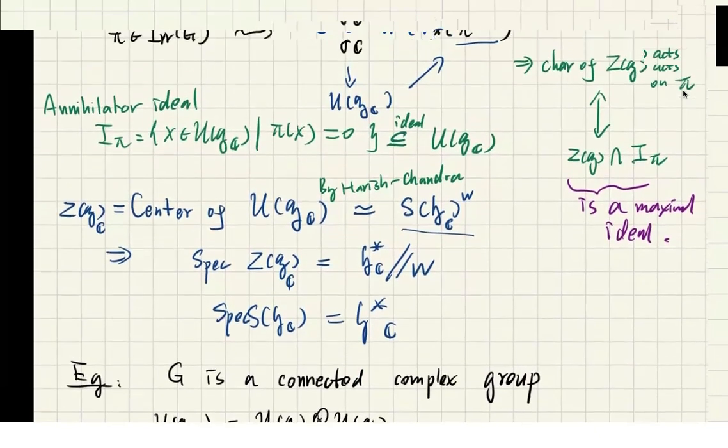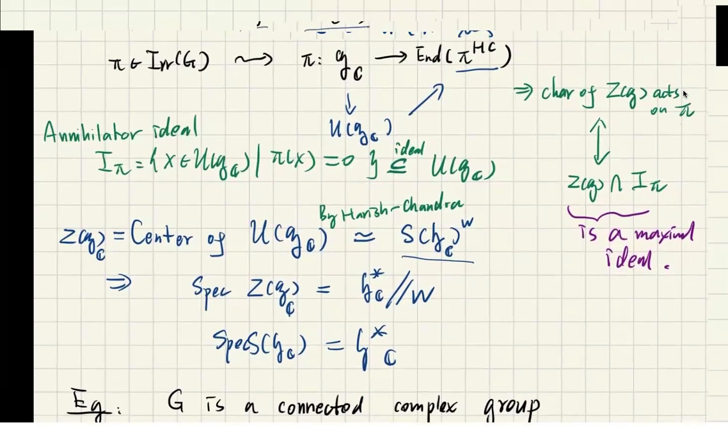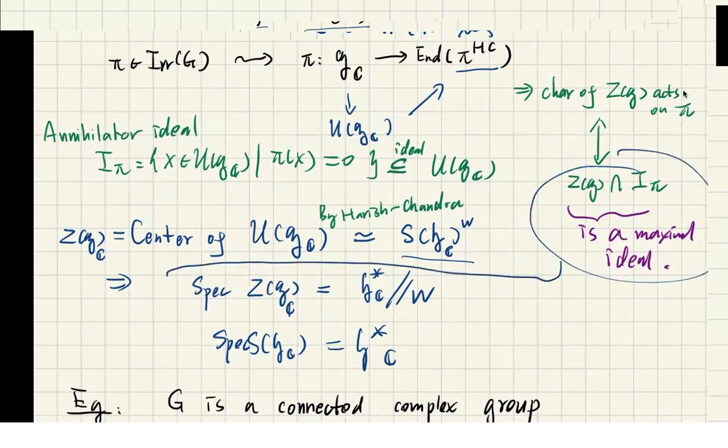Okay, so as a consequence, this is a maximal ideal, so it will give you a point inside the spectrum. So this is nothing but a W-orbit in h*_C. So the infinitesimal character is a W-orbit in h*_C.